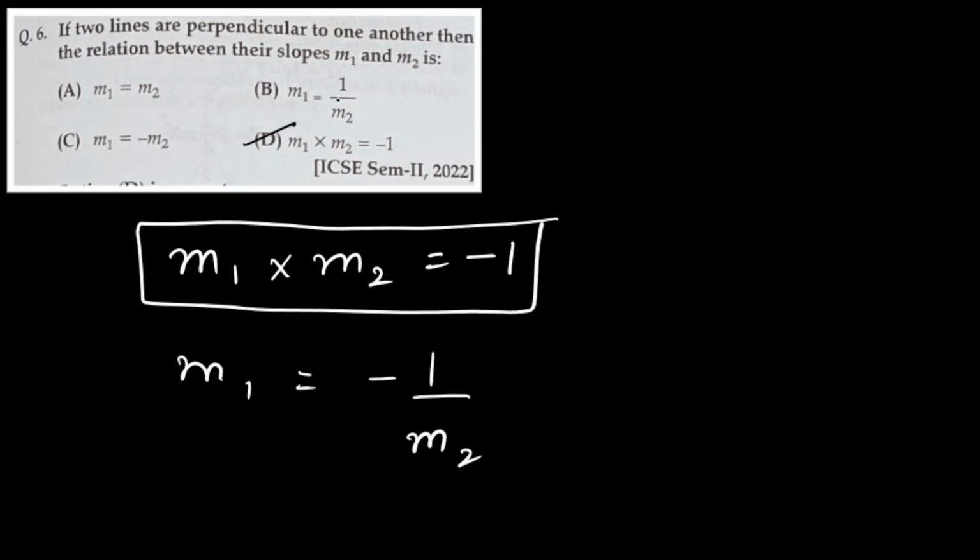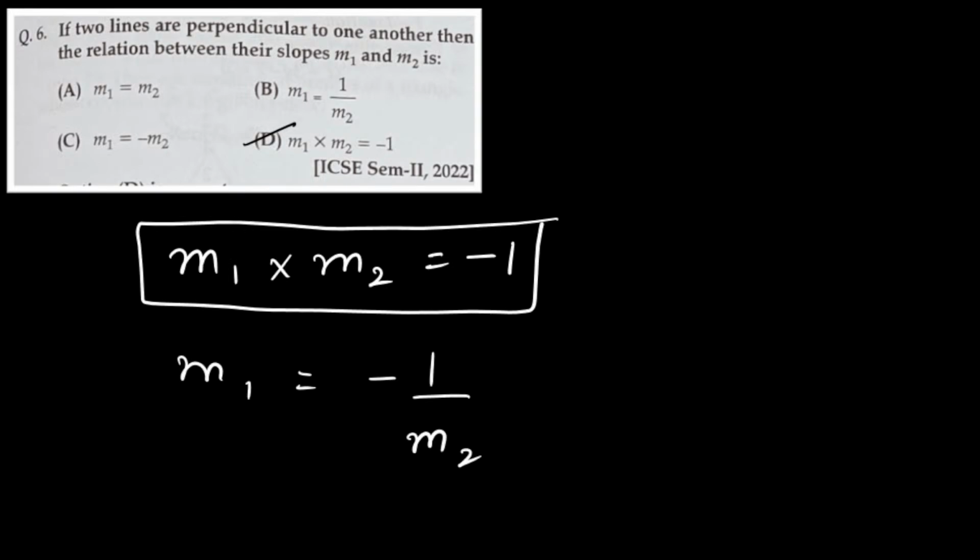Here positive 1 by M2 is there. So that's why option B is not the correct answer. If a minus had been there with 1, then this option would also be correct. But as of now, only option D is the correct answer. I hope this is clear.